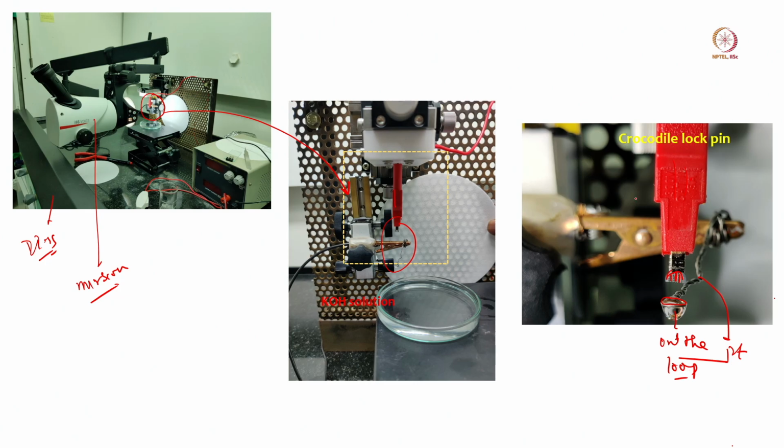And the crocodile clip is moved up and down such that these tips will go into the electrolyte which is suspended on the loop and get electropolished, and a DC voltage is applied continuously across the electrolyte and the platinum inert wire.